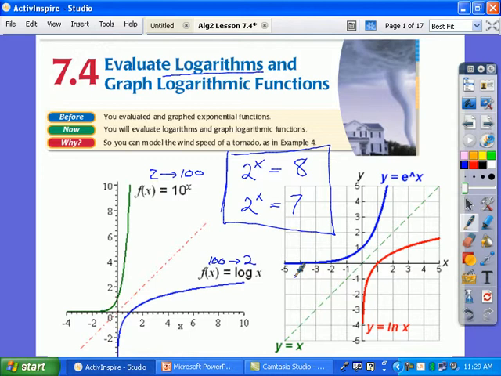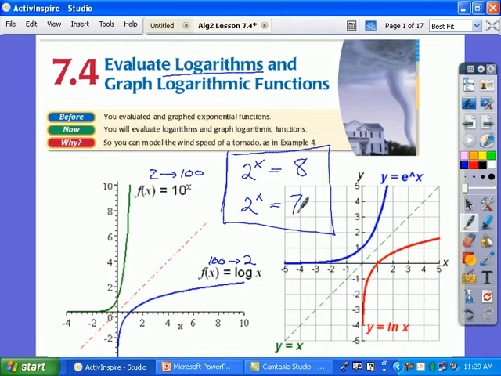And this is a problem for a different section. We're not going to cover this in this section, but hopefully it illustrates the idea that we need some algebraic technique to handle a problem like this. We don't have one, we need one, and we can get one. Now, we do have a graphing approach.